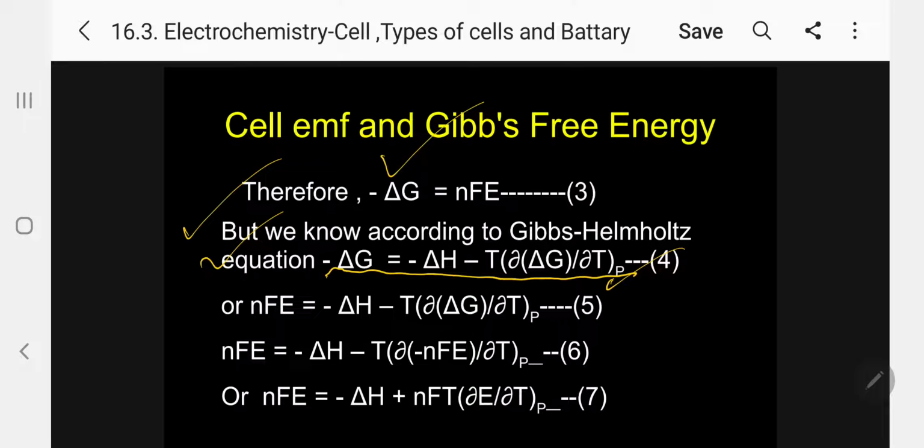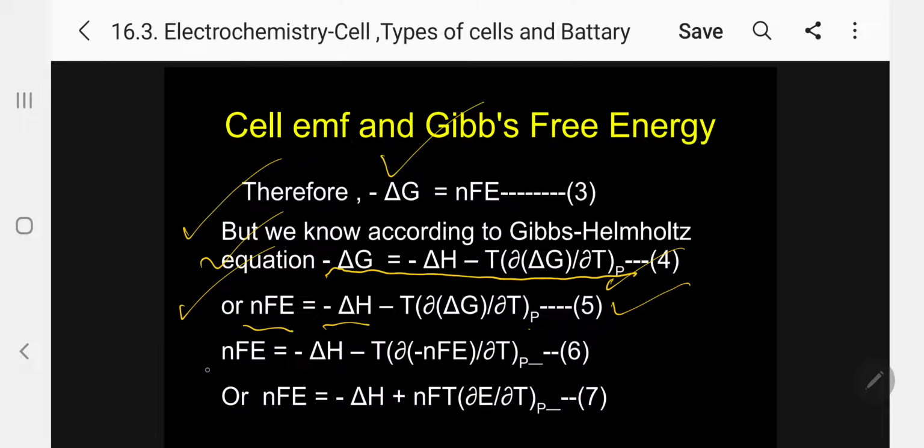So in the Gibbs-Helmholtz equation, now we are going to substitute this value. Instead of minus delta G, I am using nFE. Minus delta H I am keeping as such. Minus T, dou delta G by dou T at constant pressure, I am keeping.